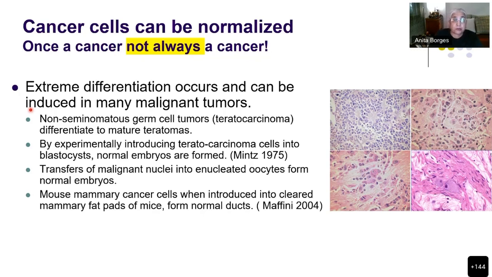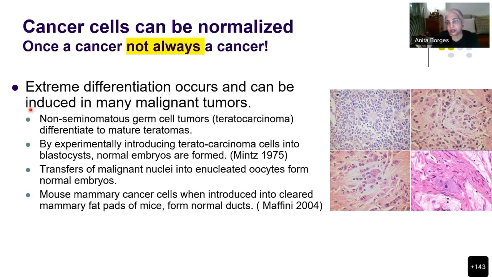You take mouse mammary cancer cells. They are cancer cells. There's no doubt about that, because they come from a cancer that would otherwise have killed the mouse. Then you take them to another mouse and you clear the mammary fat pad. You take out all the epithelium from that fat pad and just leave the stroma. And you put those mammary cancer cells in there, and what happens?